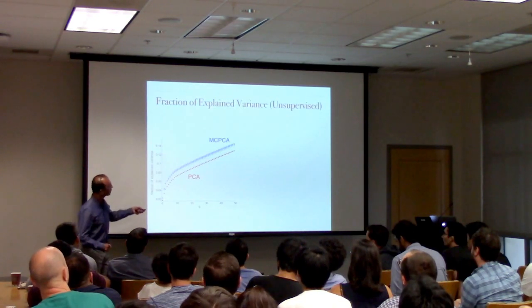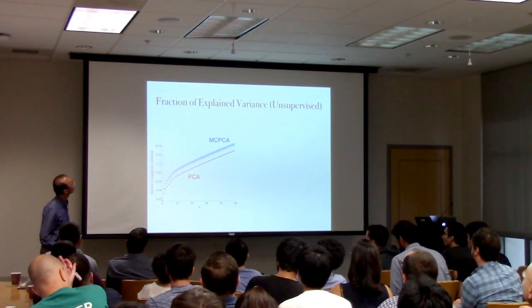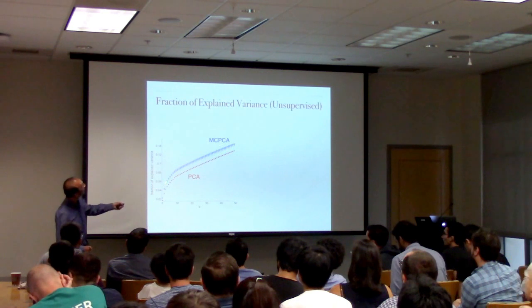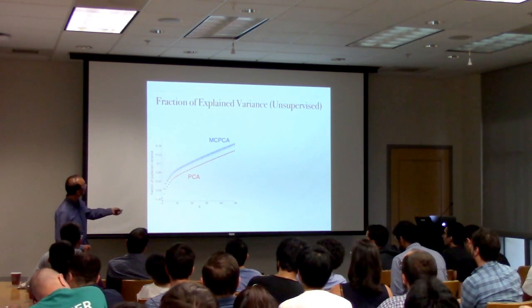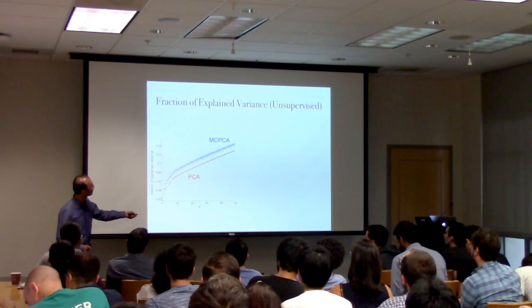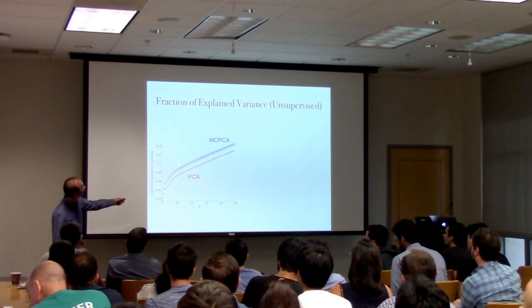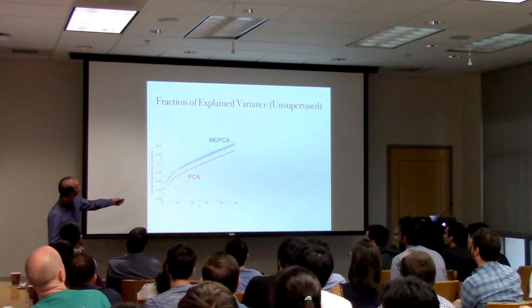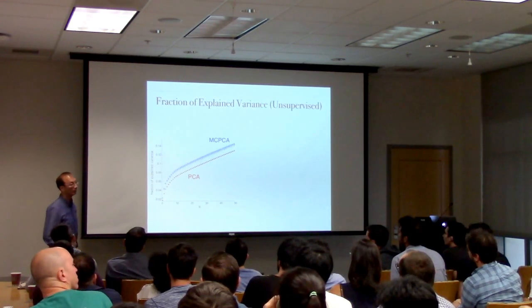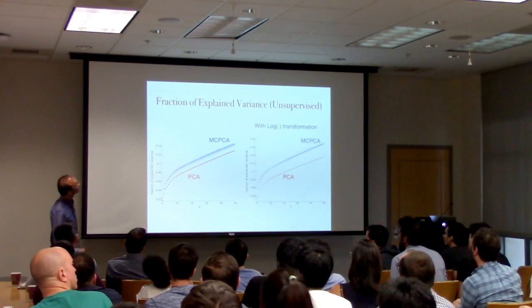And again, we do a cross-validation study on how much gain you get by doing MCPCA in the explained variance as a function of Q, the dimension you projected down. And here we see roughly 30% gain in the explained variance.